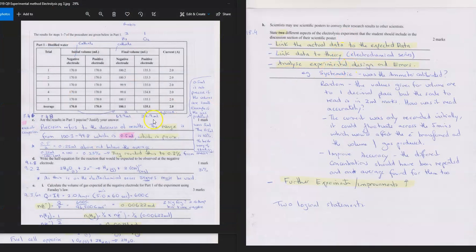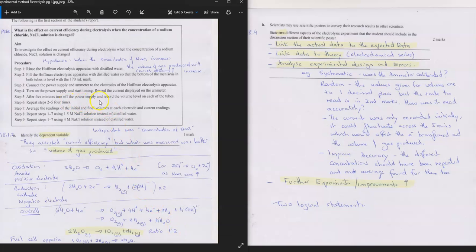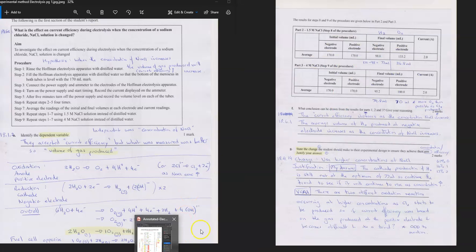So analyze your experimental design. Look at what the student's done, and errors. They don't ask you to write about these, but if you said analyze and gave an example, it wouldn't hurt. There's an average for the pure water, but they've only done each of these once.